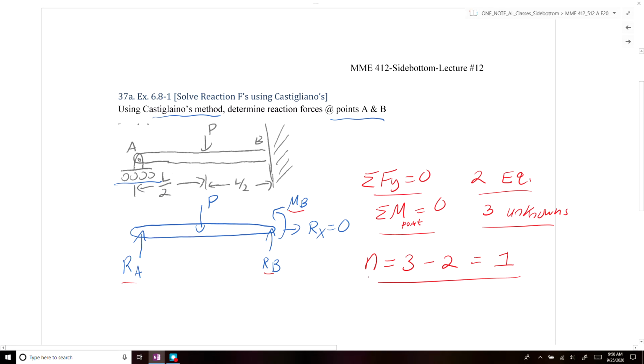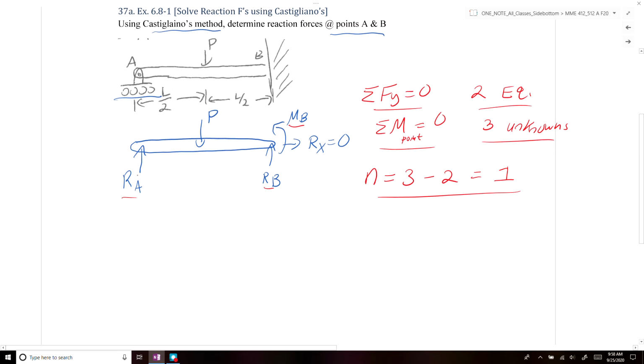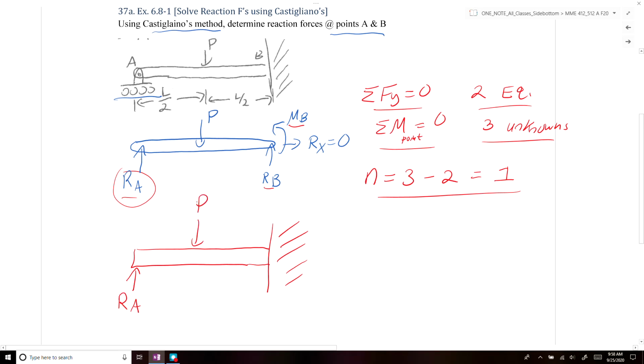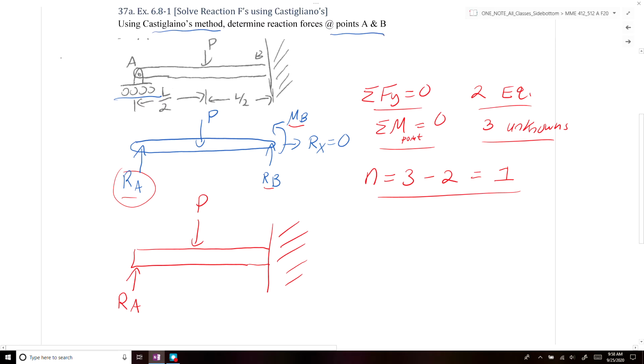So what we're going to do is treat the reaction force at A as an applied load. We're going to pretend that our loading situation drawn at the top of the section is equivalent to a cantilever beam, where we treat our reaction at A as an applied load and our applied force P as an applied load, and then we have the reaction force RB and our moment MB at the cantilever support.